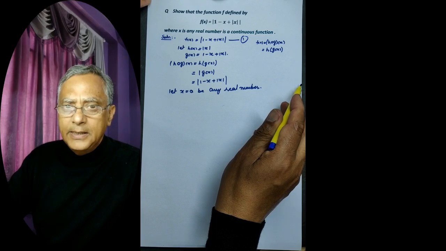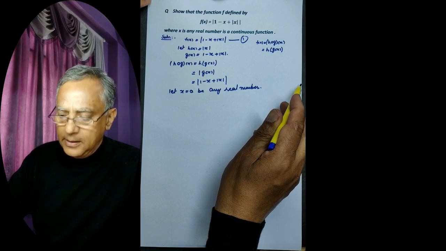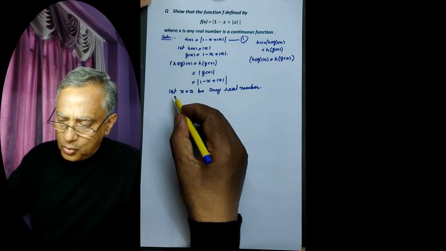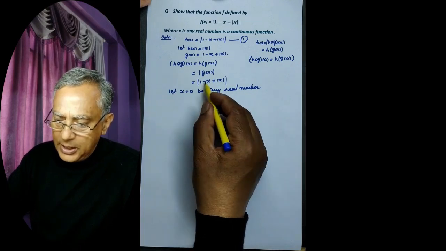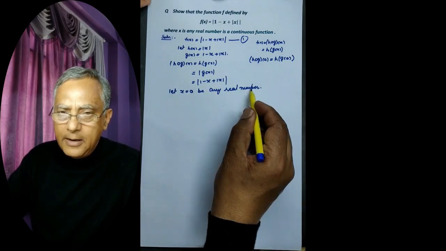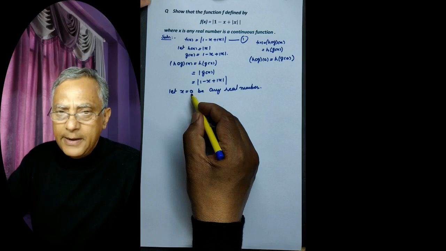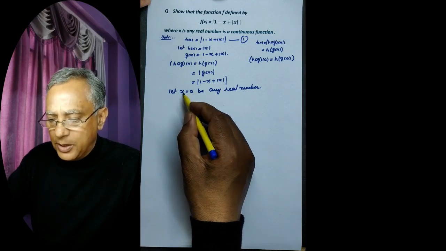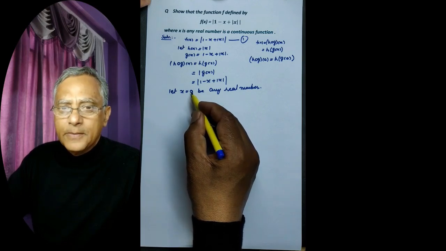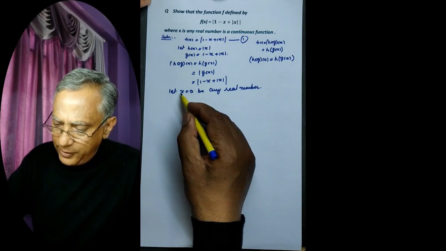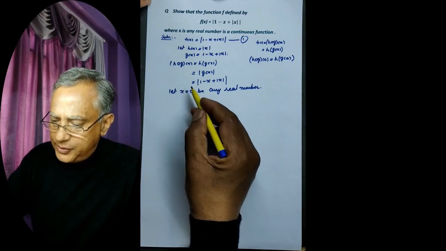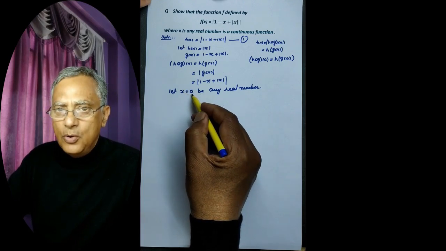You can see the side sheet. To prove that this function is continuous for all real numbers, we take a general real number and will show that this function is continuous for this real number. So we have to show that h of g is continuous at x equal to a.